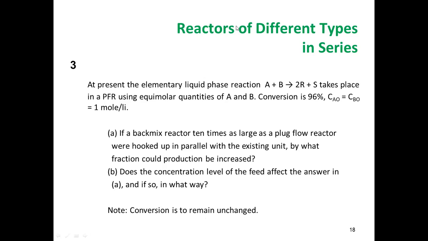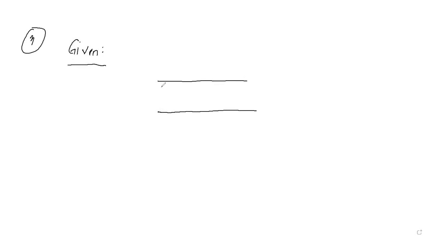And let's go back to our board. So we will start with the given information. And this is number 3 already for this set of slides. So you are given a plug flow reactor, and it has an original volumetric flow rate, let's say V1, entering it.